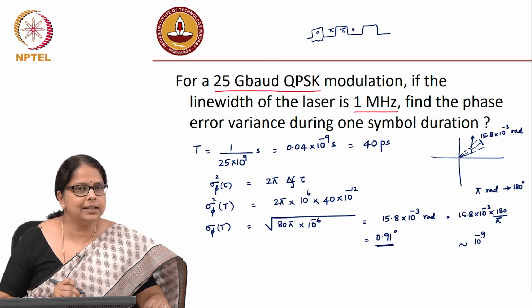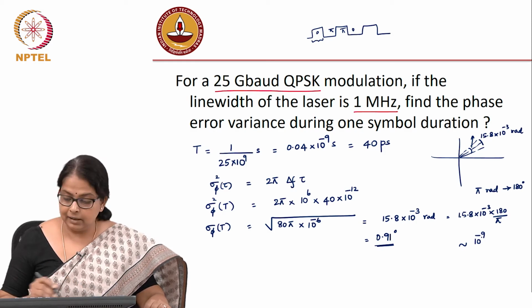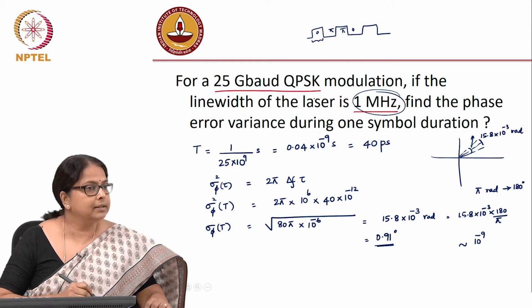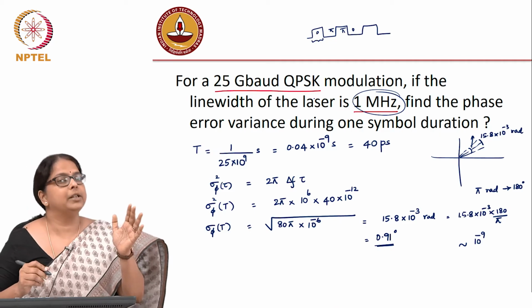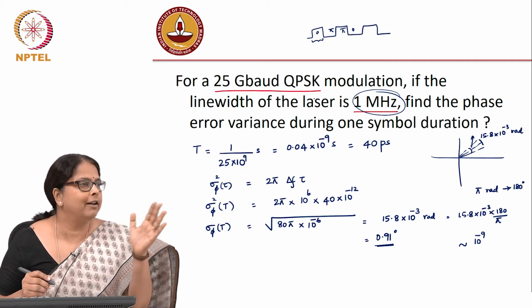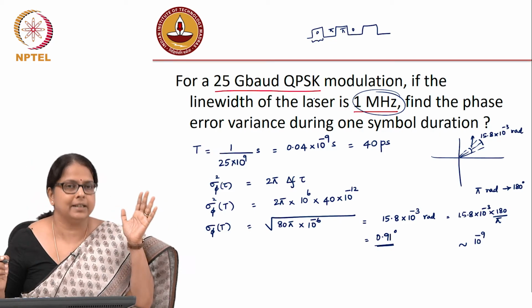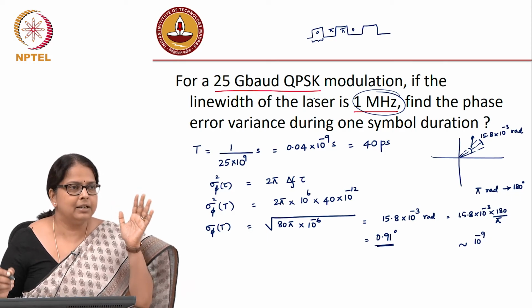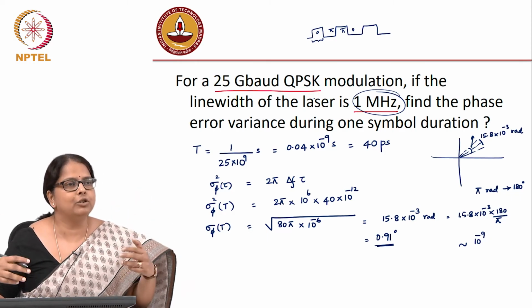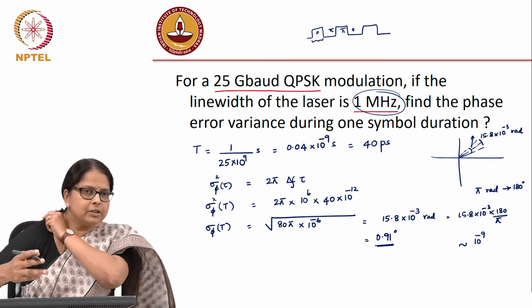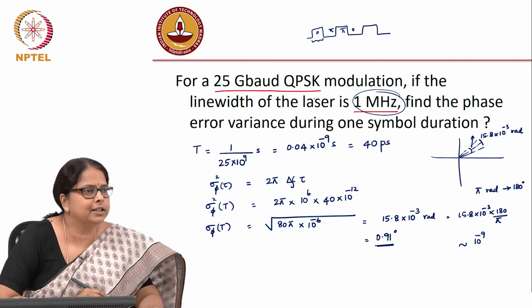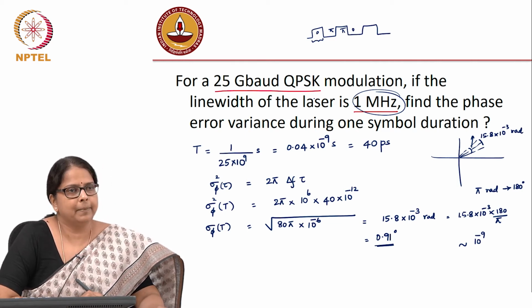because of the fact that the laser line width is 1 megahertz. The carrier itself is shifting, unlike in wireless communication. In wireless communication, you do not have carrier shifts at all at this rate. It will be hundreds of orders of magnitude smaller in an RF oscillator, but in a laser oscillator, because of the way the laser is constructed, because of the carrier density fluctuations etc., you have this line width.